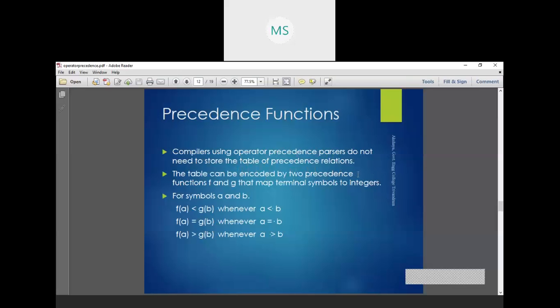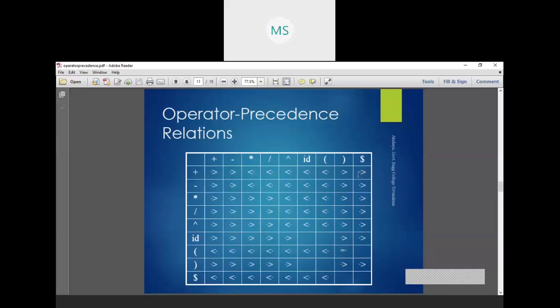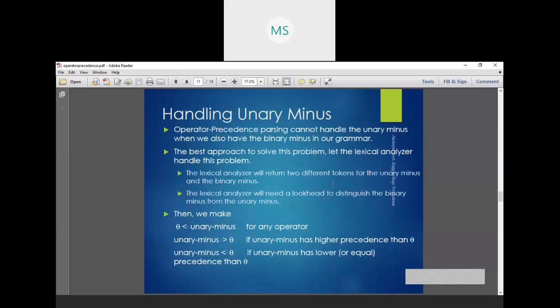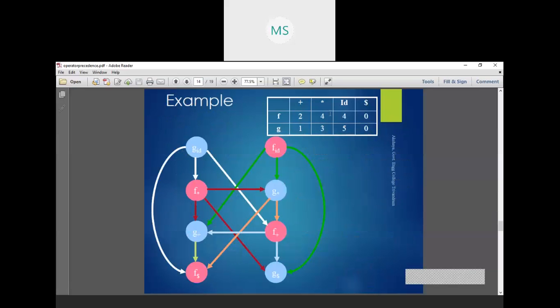The compiler will not store the precedence relations, but it stores precedence function values as integers. We are writing this table, but it is not stored in the compiler. This table will be converted into functions, and the function values are stored instead.